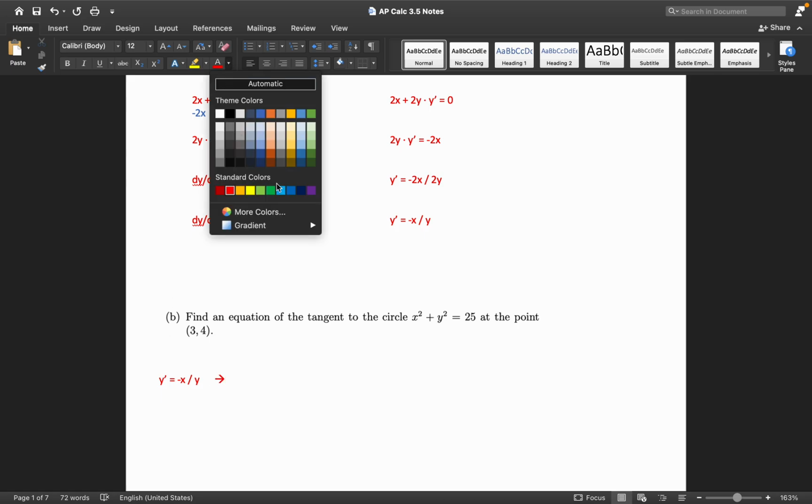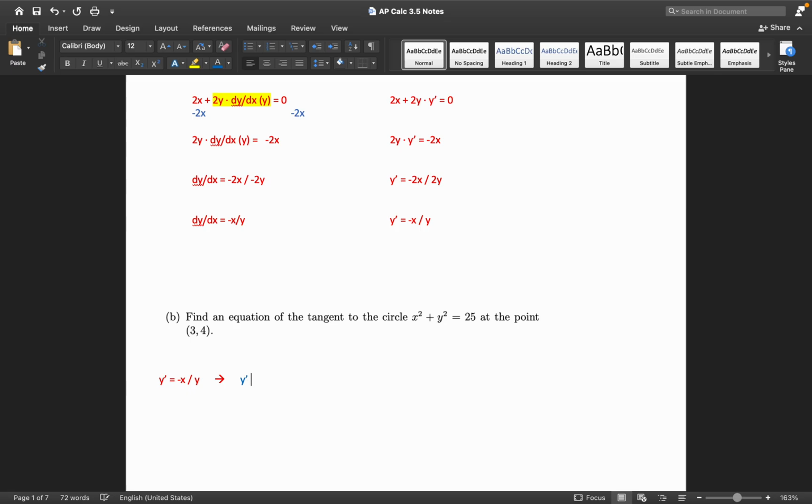So I'm going to plug in my x and y. y prime would equal negative x over y. But x is 3, y is 4. So our slope of the tangent line is negative 3/4.